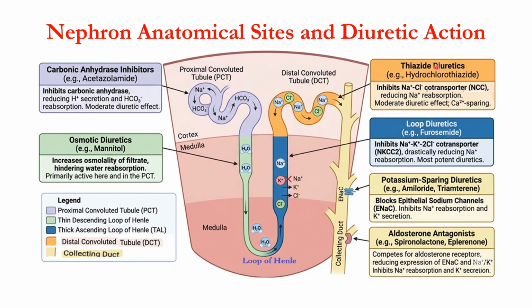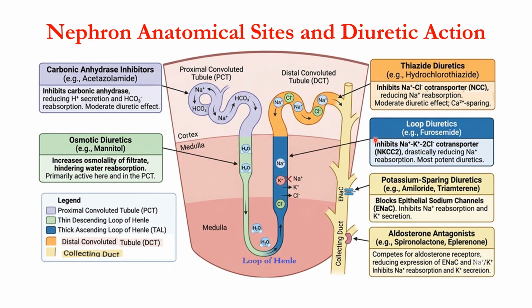Today we are going to deal with 3 different drugs that act on different anatomical sites of the nephron and have different mechanisms of action. These are loop diuretics, potassium-sparing diuretics, and osmotic diuretics.